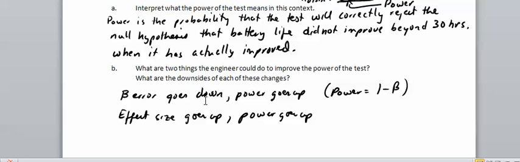So if beta gets smaller, power is going to get bigger. Effect size goes up, the power goes up.